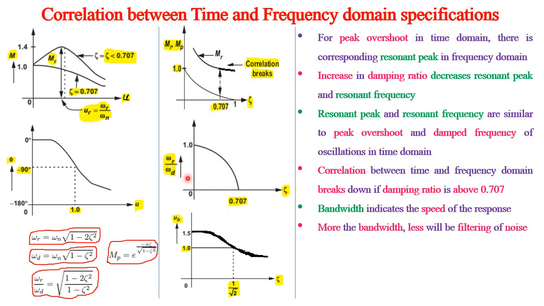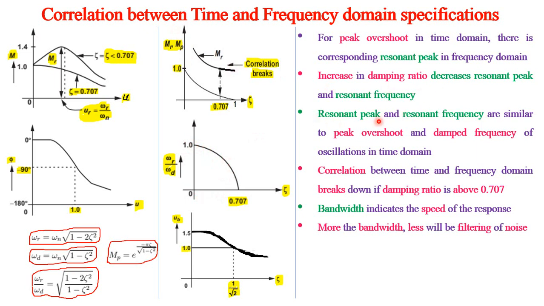So this is the correlation between resonant frequency and damped frequency of oscillations. So increase in damping ratio decreases the resonant peak. That is, when I am increasing the damping ratio, resonant peak is decreasing, right? Then resonant frequency also decreases. So when I increase the damping ratio, omega R by omega D, that means resonant frequency also decreases, MR also decreases.